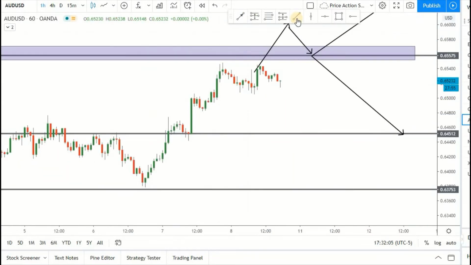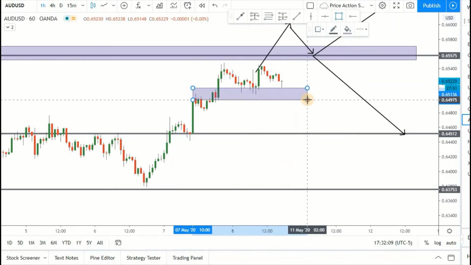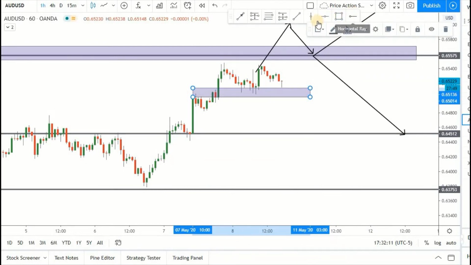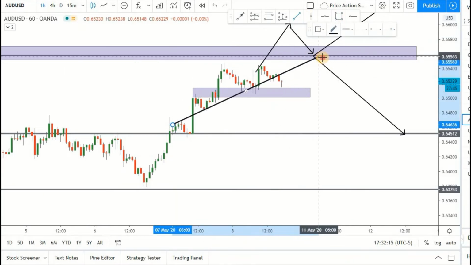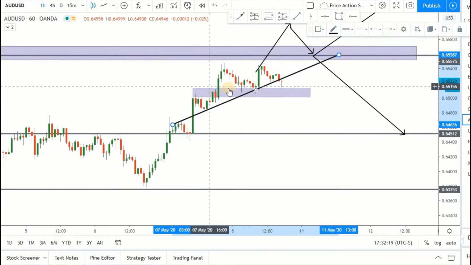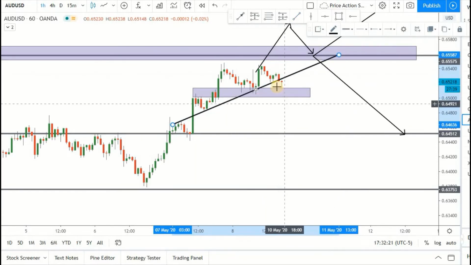Okay, on this daily chart, we can get some zone here. We could definitely see a breakdown of structure coming this week. Looks like an initial pattern forming.